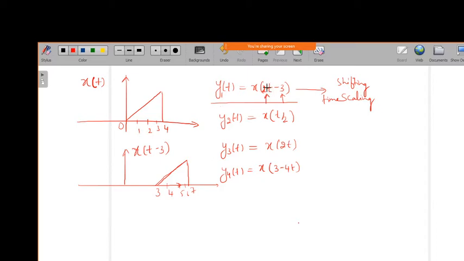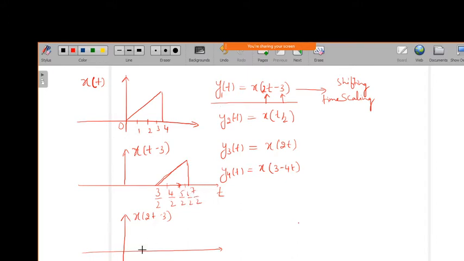If you do scaling, what will happen? For x of at, all the t values should be divided by a, so if you divide by 2, you get the scaling. This is nothing but x of 2t minus 3. Now where will it start? It will start from 1.5 and end at 3.5, right?